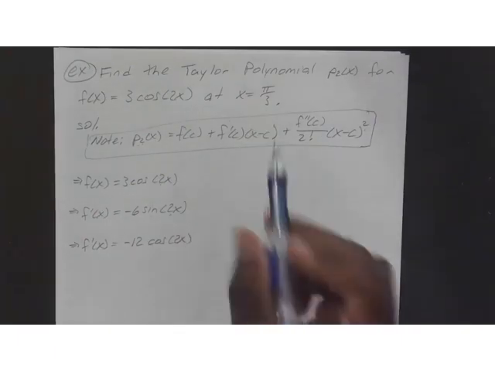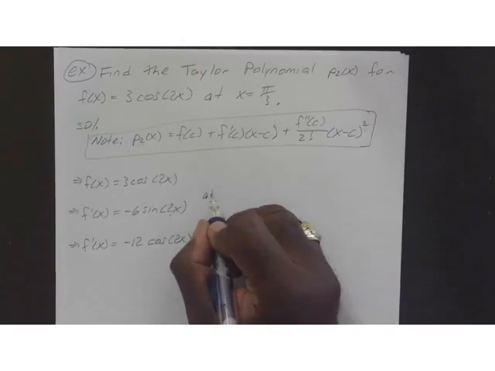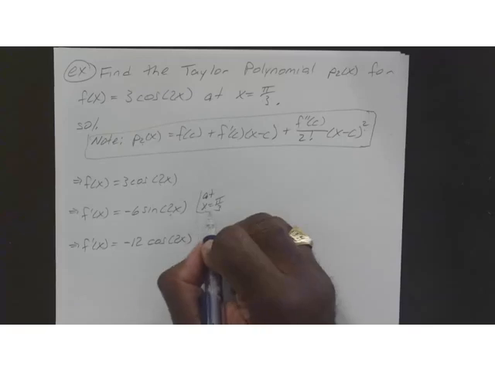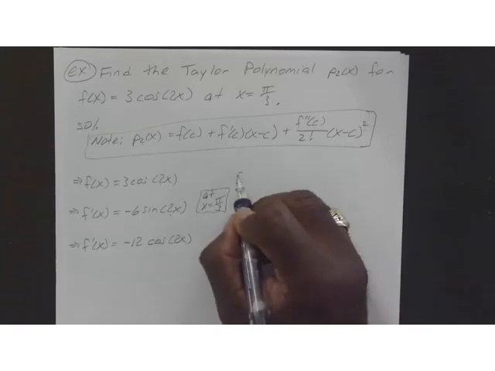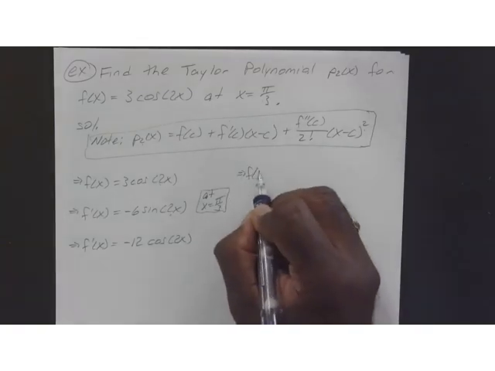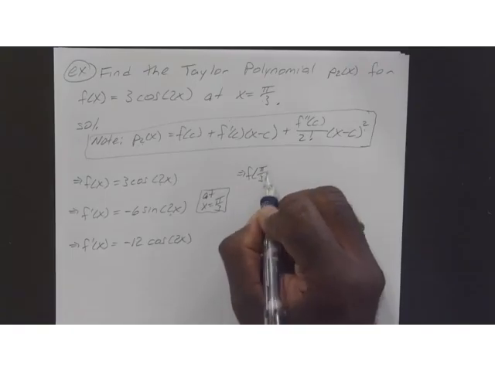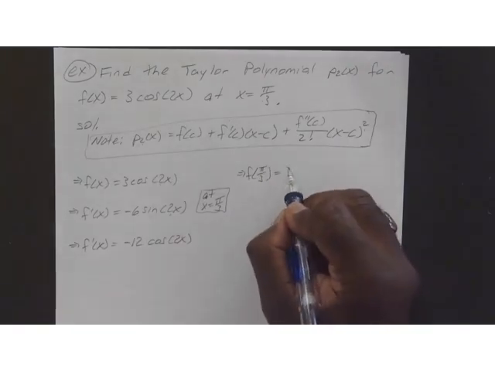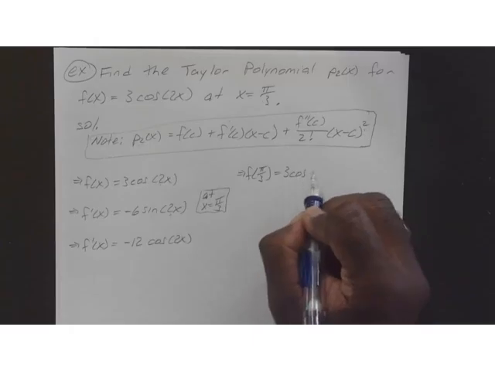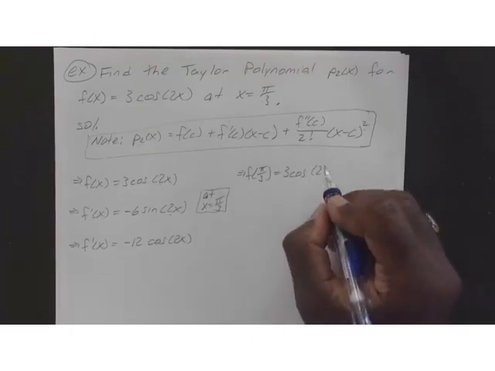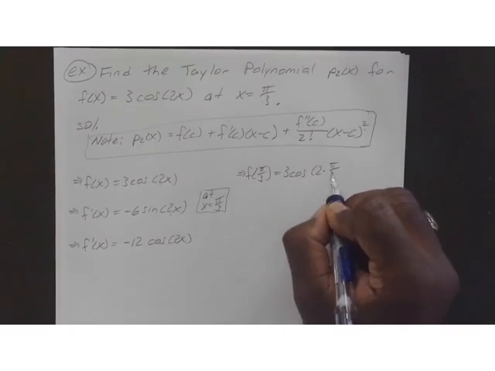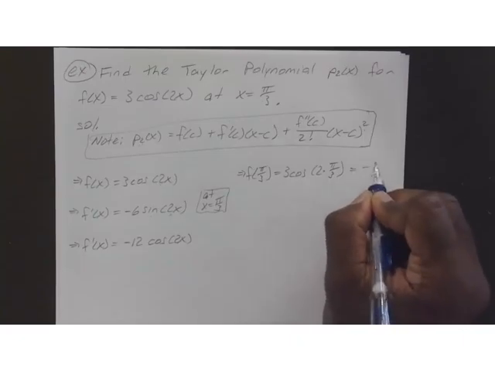Okay. Now at x equals pi over 3, we know that f of pi over 3 is just 3 times cosine of 2 times pi over 3, which is negative 3 over 2.